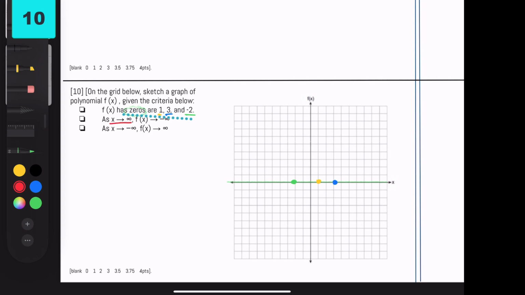As x approaches positive infinity, so x-axis, this is positive, negative, so this is left, right. So as I go towards the right, my f of x values, that one is negative numbers, is down.